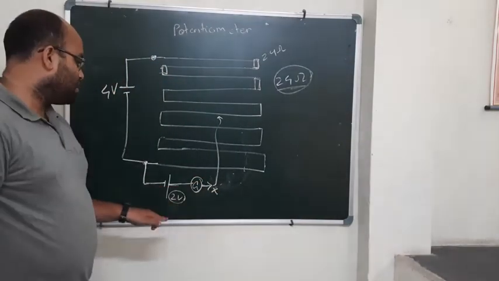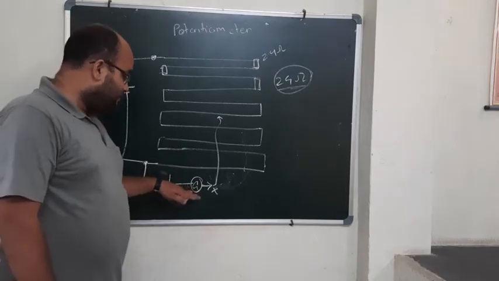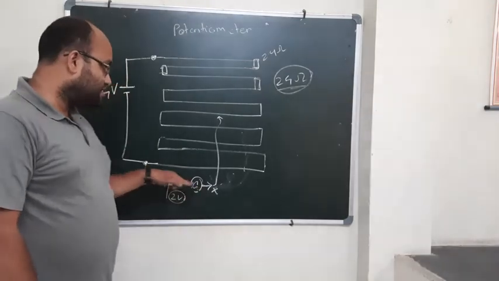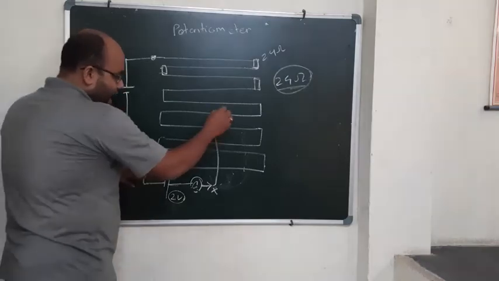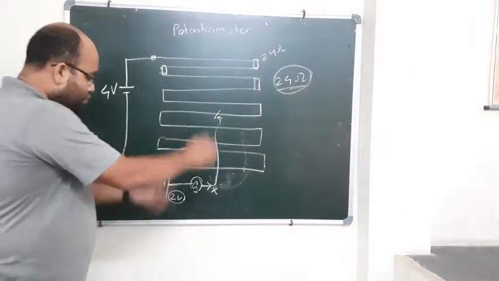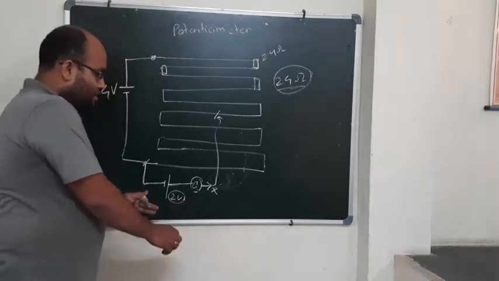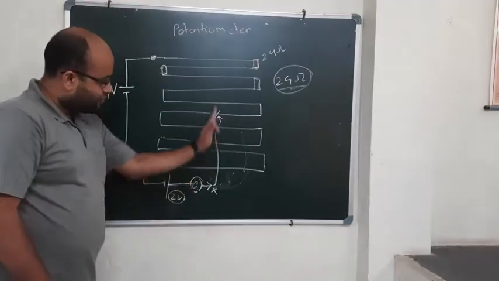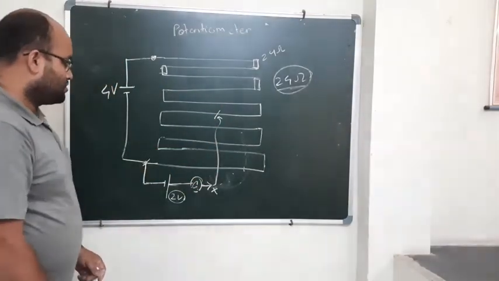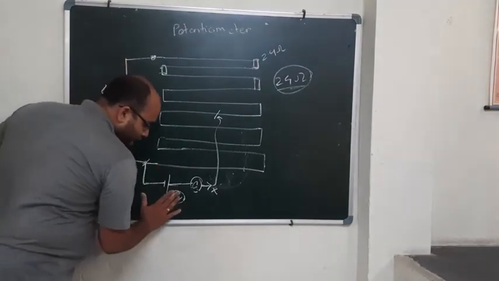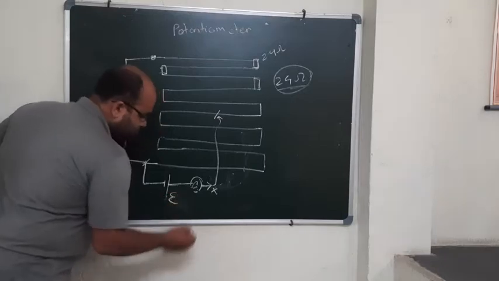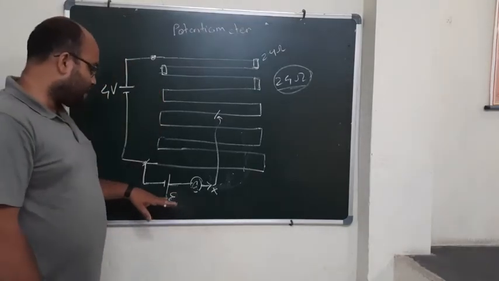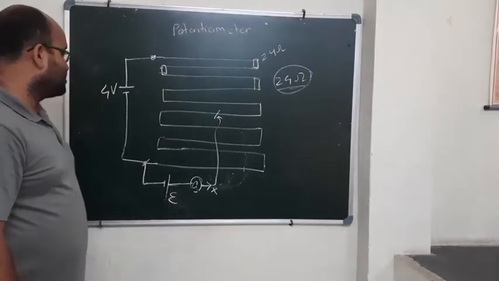In that case, the potential difference between this point and this point is equal to the potential difference of this cell. As they are the same, there is no current flow through this path. In the actual case we don't know this EMF, so I am considering this unknown EMF to be E, and this I need to find.